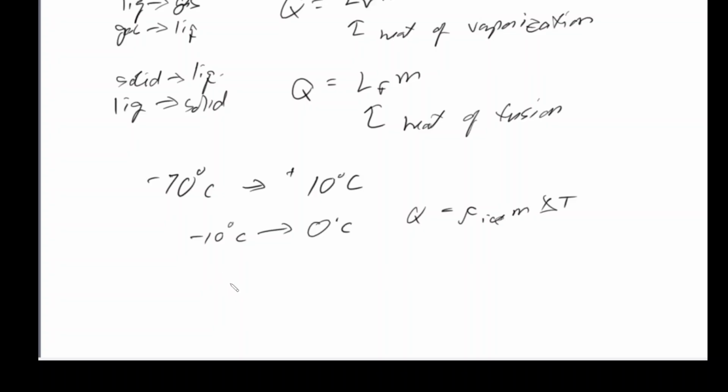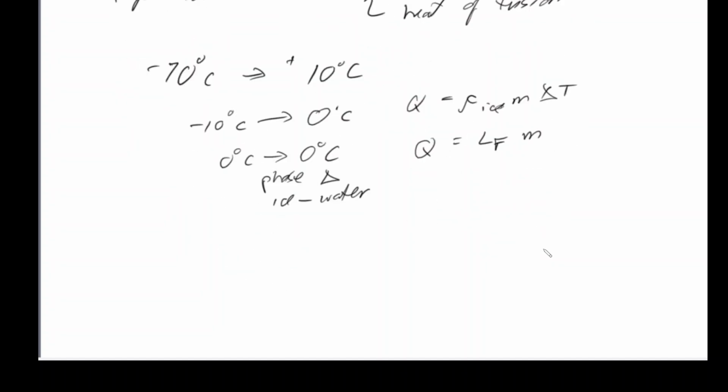But once it reaches 0 degrees, it stays at 0 degrees, and it goes through a phase change where it goes from ice to water. The temperature doesn't change, but energy is used to convert it from ice to water. So we would use the energy put in is equal to the heat of fusion times the mass. We would use the heat of fusion equation.